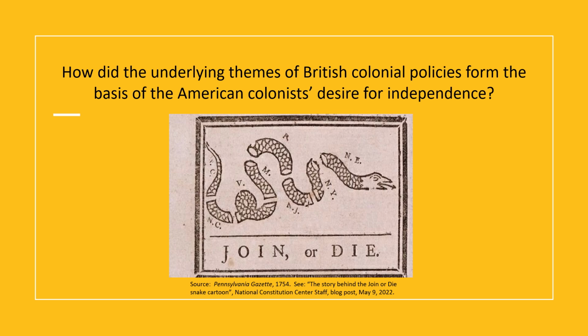The V focusing on Vermont, NC, North Carolina, etc. So we see these different colonies that were functioning in the colonial government, functioning under British rule. In essence, what they were suggesting was that these different colonies were broken up. They were disconnected from each other, and thus they might die as a result of that.